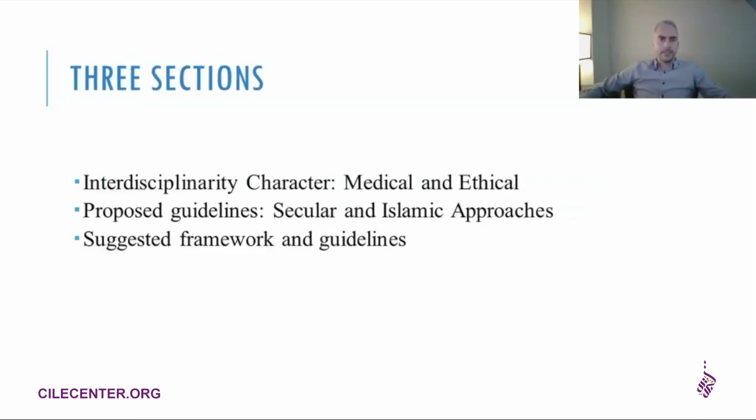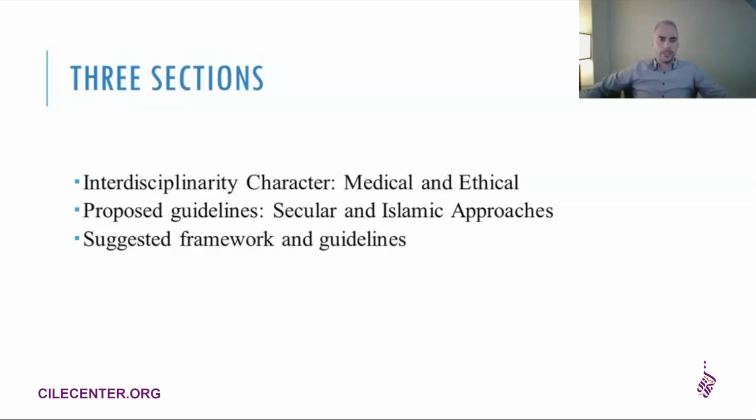In the second section, I'm going to discuss proposed guidelines. I will take two secular examples and two other examples from within the Islamic discussions or Islamic approach.